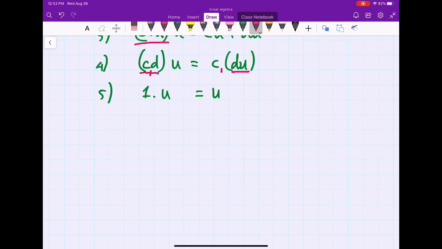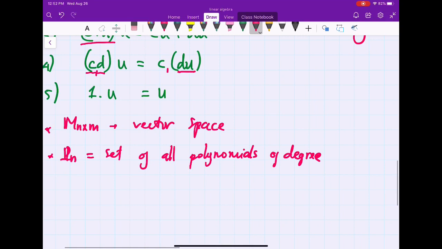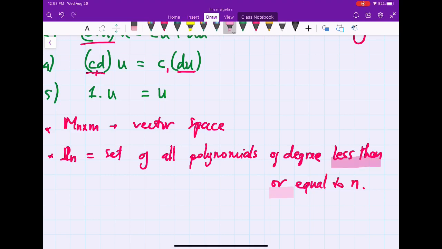Along with the n by m matrices, we have the following vector space we call Pn. Pn is the set of all polynomials of degree less than or equal to n.